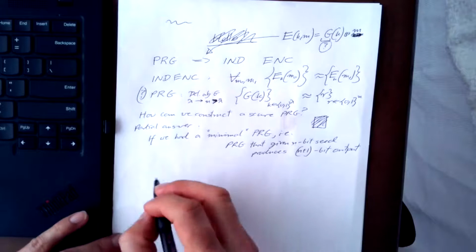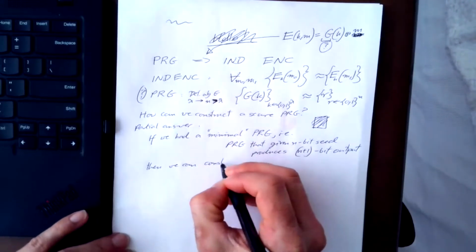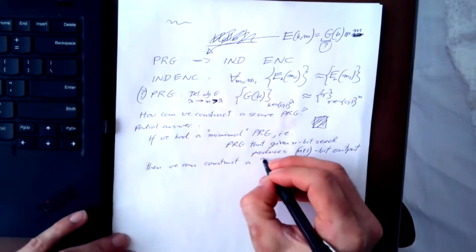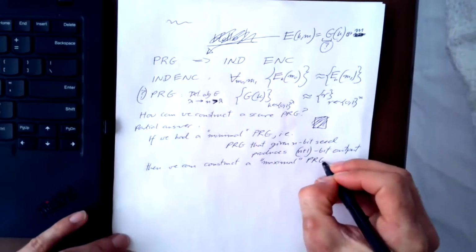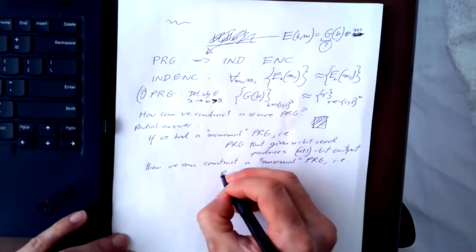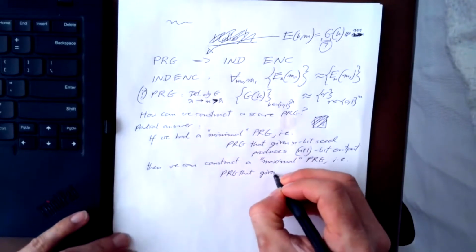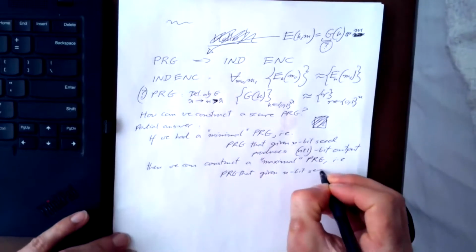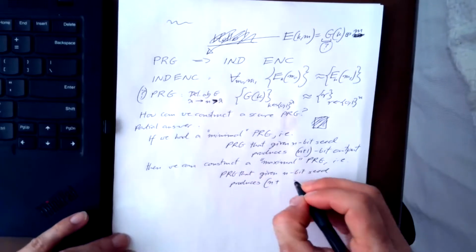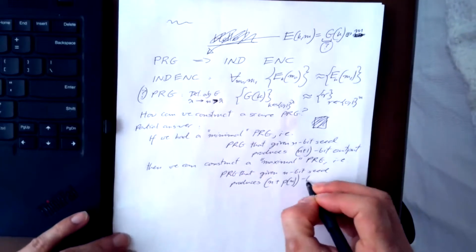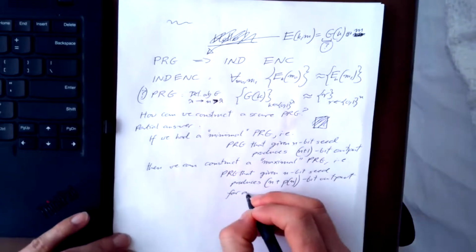If we had such a minimal PRG, then we can construct a maximal PRG, namely a PRG that, given an n-bit seed, produces n plus polynomial of n bit output, for any polynomial p.